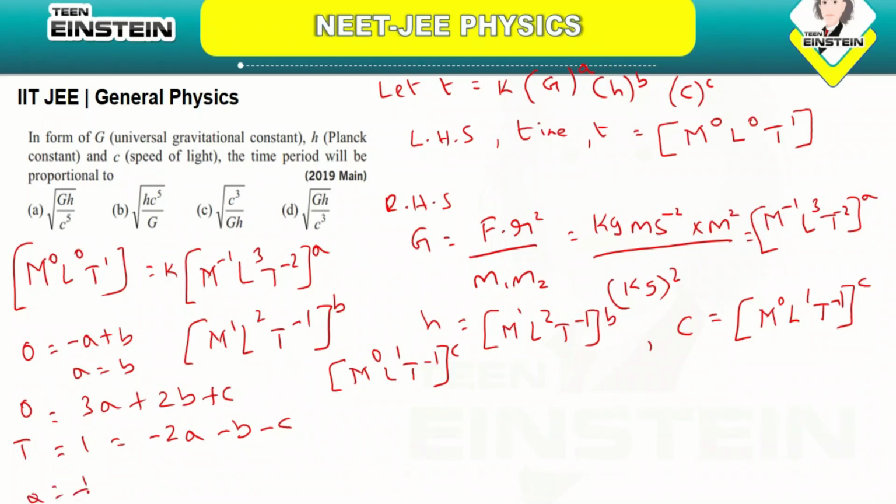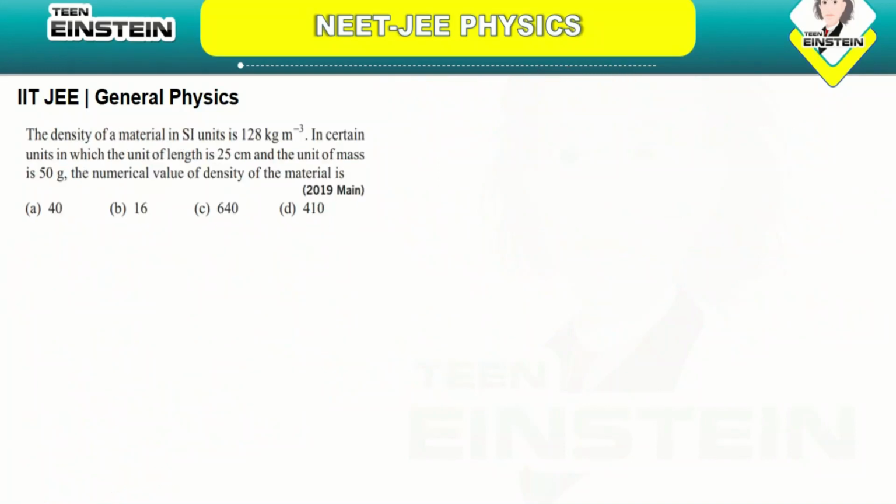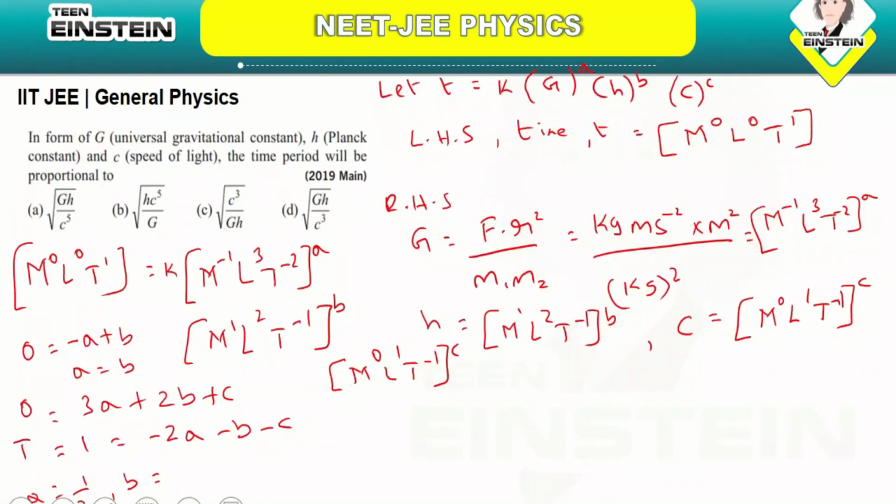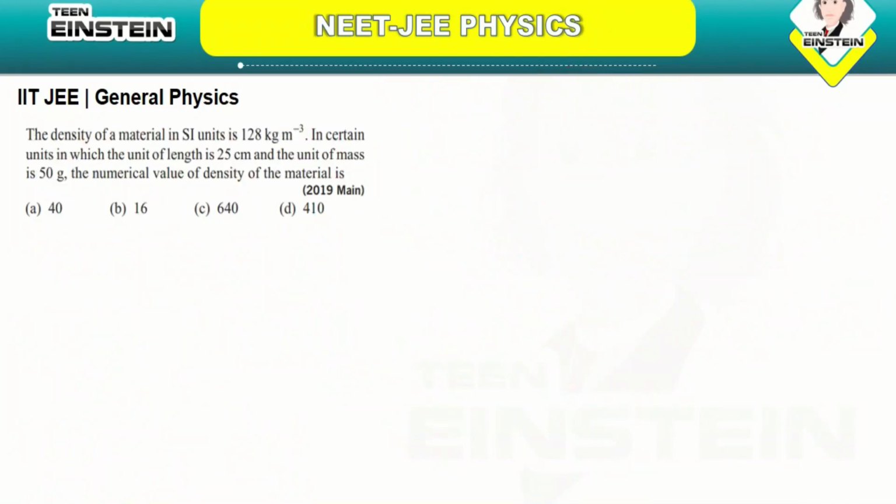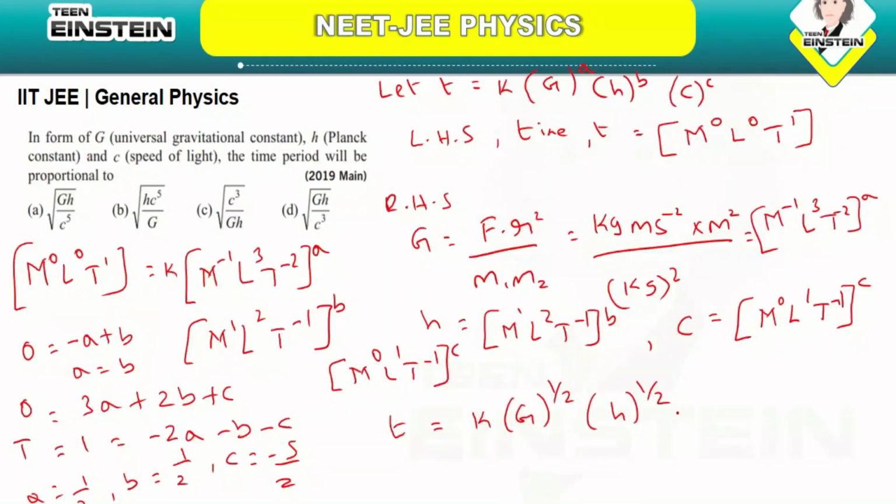So A will be half, B will be half and C will be minus 5 by 2. Putting all these values in equation number 1, you will be getting T is equal to K into G power half, because A is half, and h power half because B is also half, and c power minus 5 by 2.